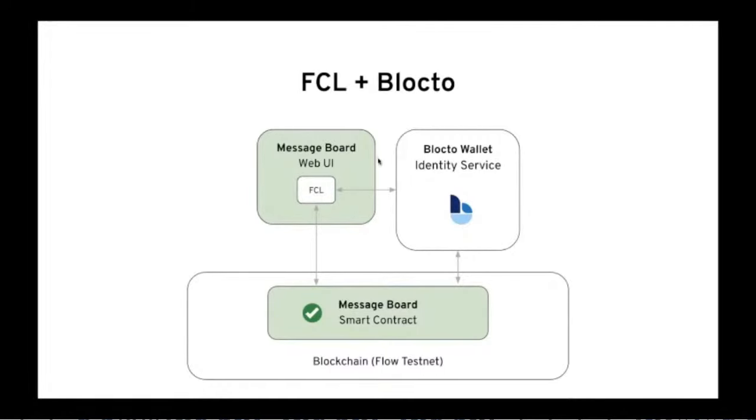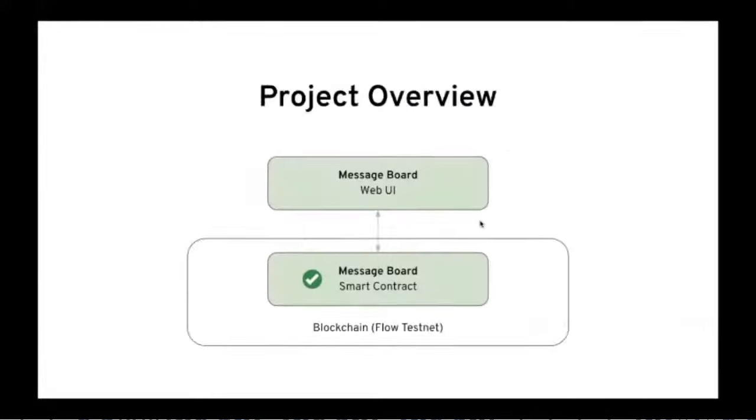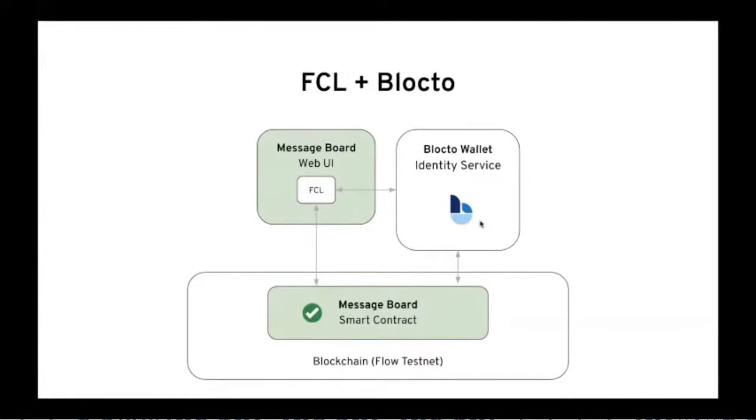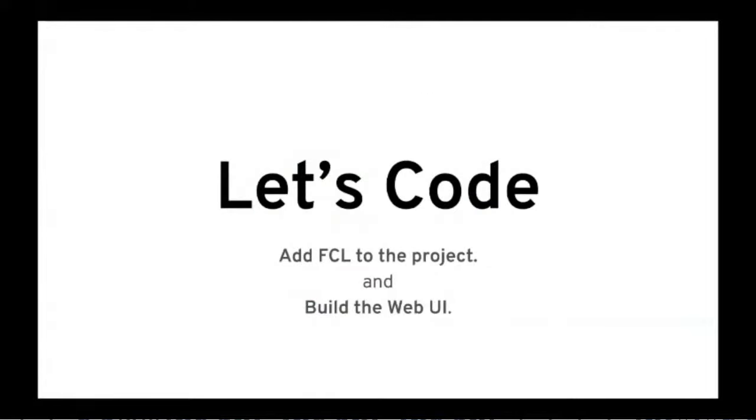When the dApp wants to send a transaction from the user's account to the network, it can also initiate that request through FCL, and FCL will wire that request to Blocto. Then Blocto will show the user what message they're being asked to send. If the user approves the transaction, the Blocto wallet will sign the transaction and send it out on-chain to complete the interaction. Let's see how we can make that happen.